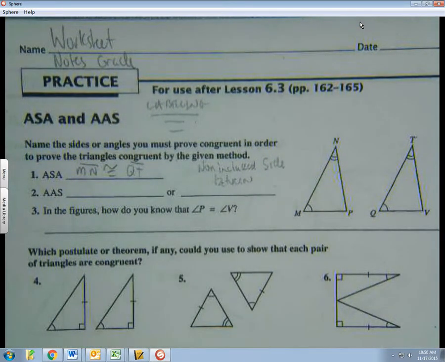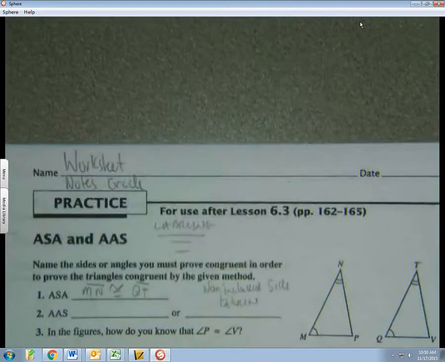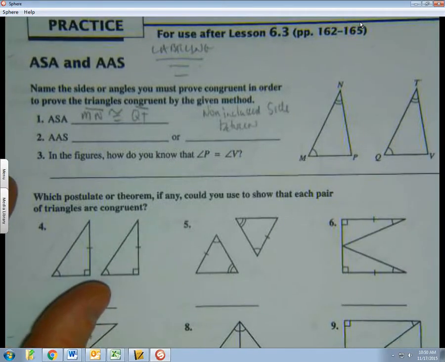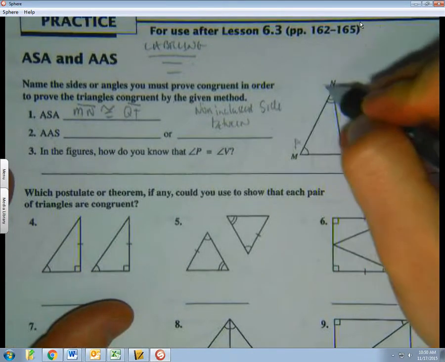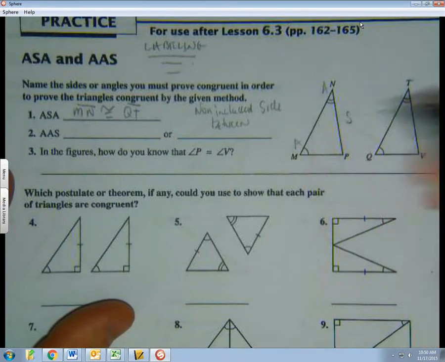Okay, so if I was going to do this guy, I've got angle, angle, and then we go side here. Angle, angle, and side here.